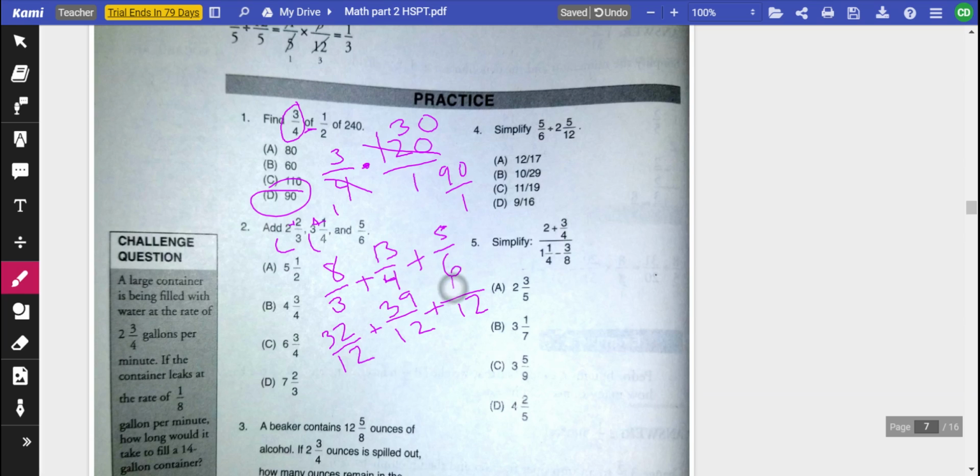I need to do 5 times 2, which gets me 10. So then I end up with 32 plus 39 plus 10, or really 49, because I'm just grouping those two together, plus 32, which gets me 81 over 12. So we end up with 81 over 12.